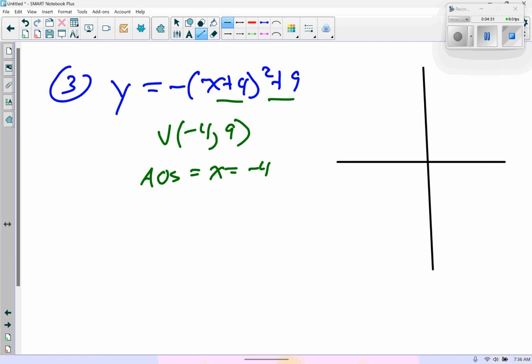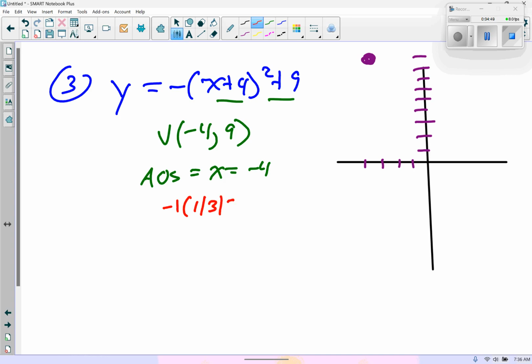Or you actually have it already. So I have negative 4 and 9. 4, 5, 6, 7, 8, 9. That's way up there. Our pattern graph is going to be negative 1 times 1, 3, 5. So it'll be negative 1, negative 3, negative 5.